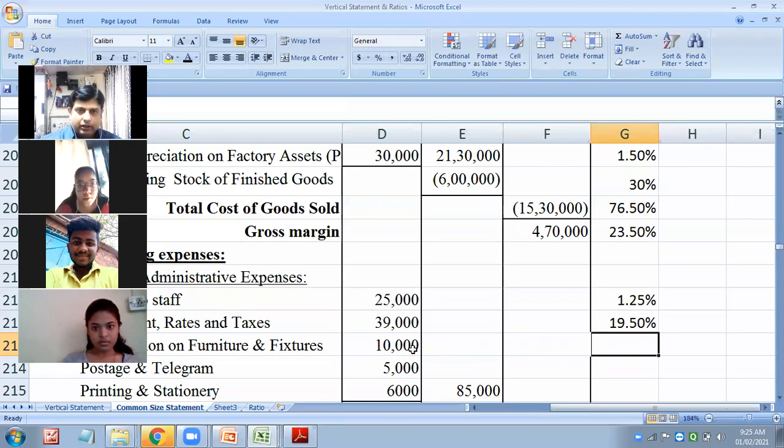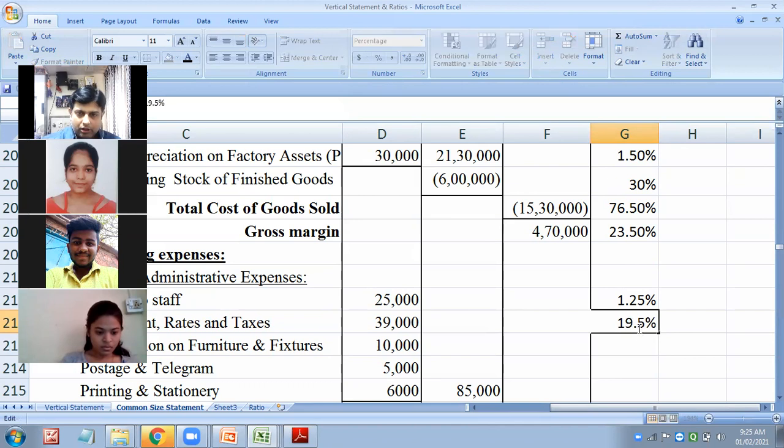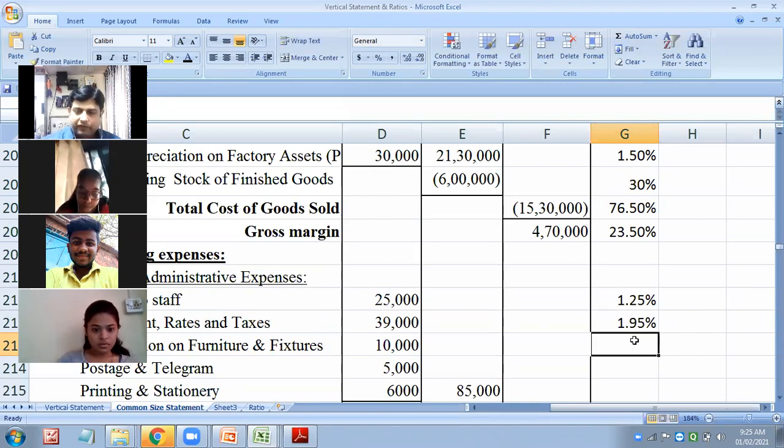Again, 10,000 divided by 20 lakhs. 0.5%.